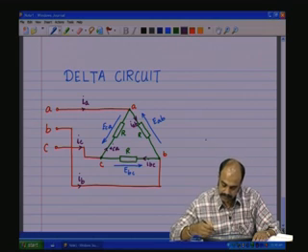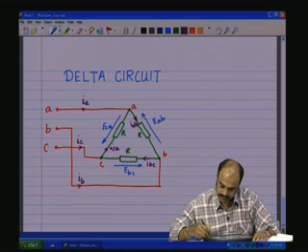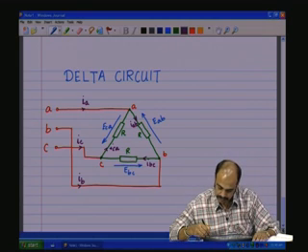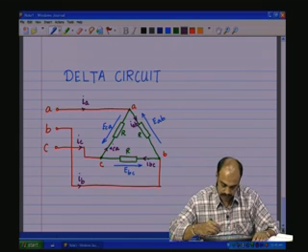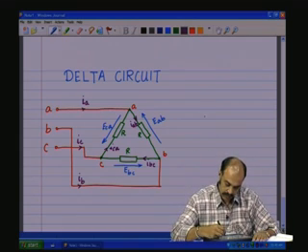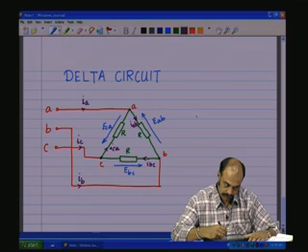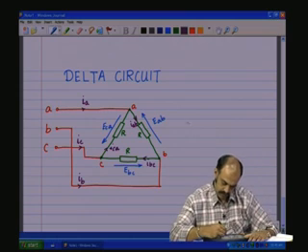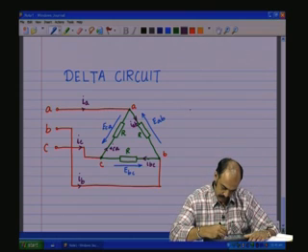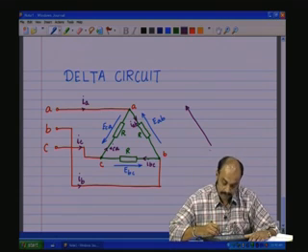So, let us draw the EAB component in this fashion, EAB as the circuit is drawn here.